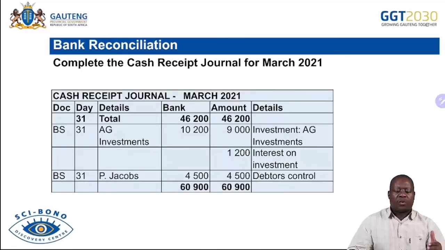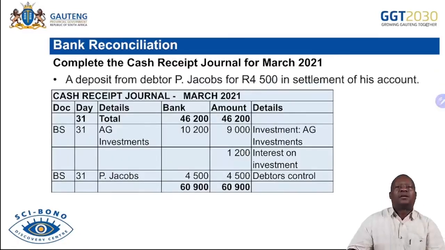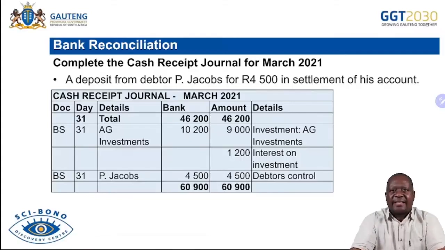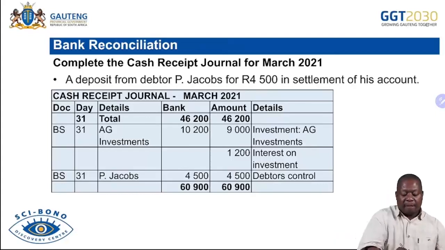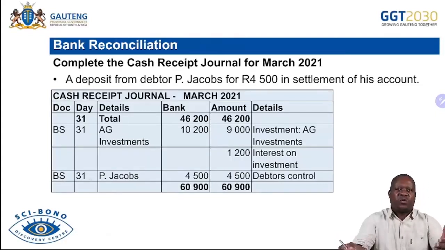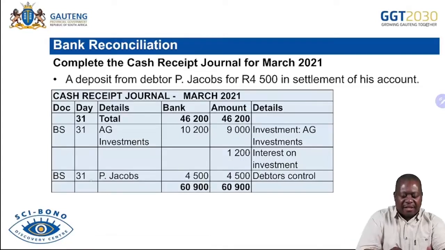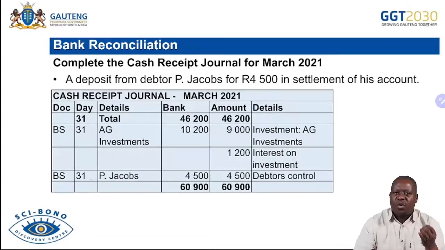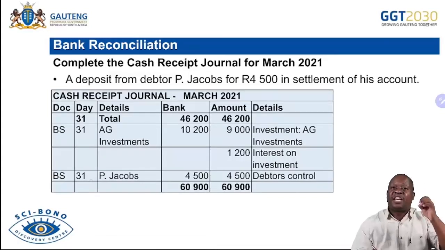Good. Now, we check the next adjustment. It says a deposit from a debtor P. Jacobs, 4,500 in settlement of his account. So it means a debtor is paying us. How do we go about recording that? Bank statement is our source document, the date, the 31st, because we are doing this at the end of the month, and the name of the person from which we are receiving money, it's P. Jacobs.